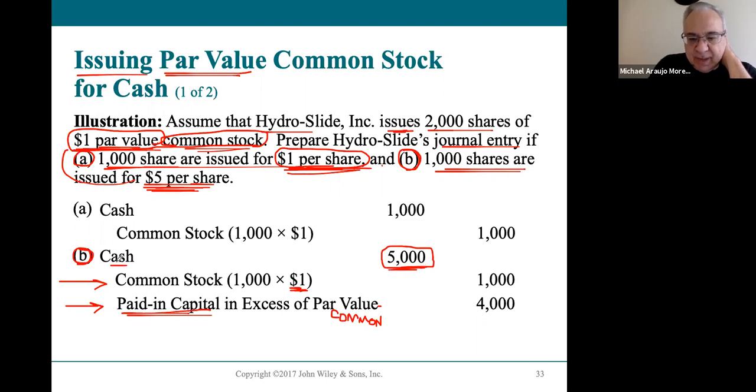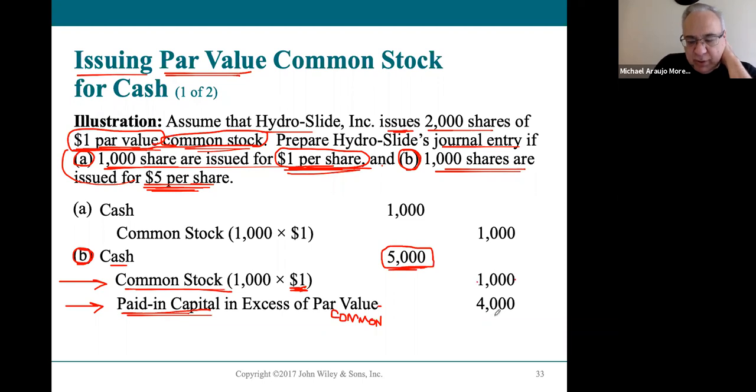No problem. However, as far as stockholders' equity is concerned, we have to split that into the common stock at par value. Par value was $1 per share, 1,000 shares. So $1,000 of the $5,000 will be credited to the common stock account.